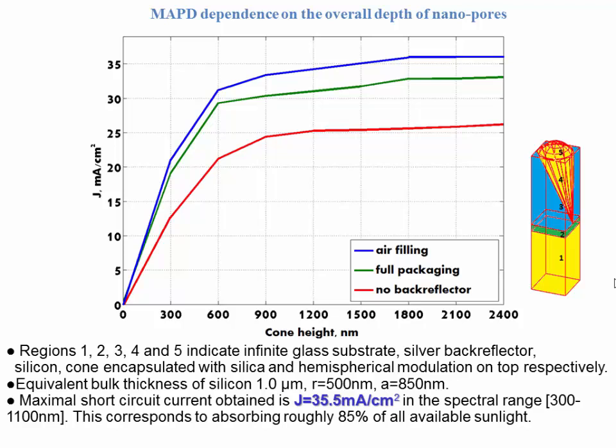But the drop in the MEPD is not so tragic, I would say. It just gets about 34 milliamps per square centimeter. But the maximum MEPD we obtained, again, is for air filling, and it corresponds to 35.5 milliamps per square centimeter, and it is almost 85% of all available sunlight in the specified wavelength range.